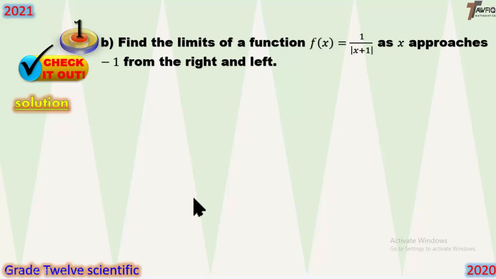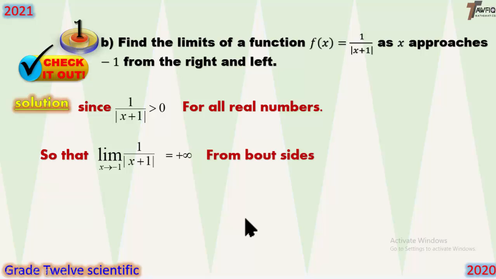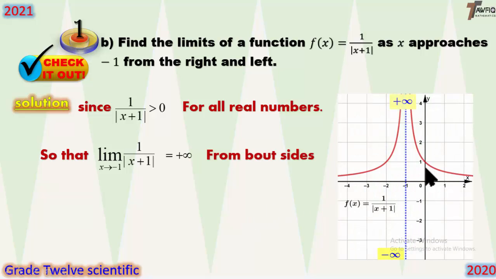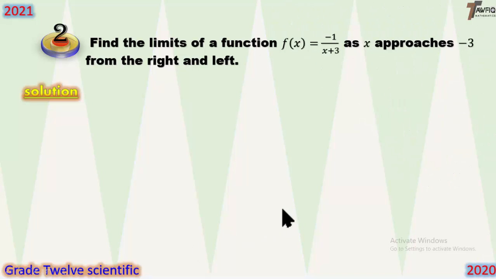That means the limit from both sides is positive infinity. As you can see here, the graph of the function. But be careful, still the limit does not exist.